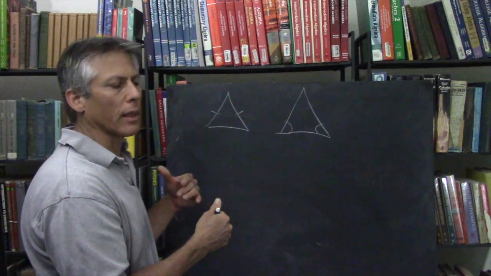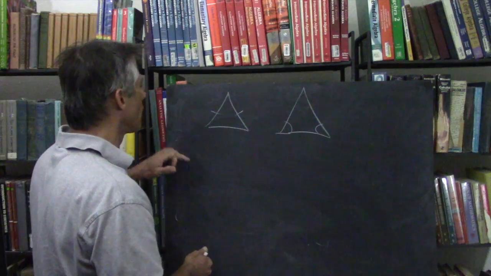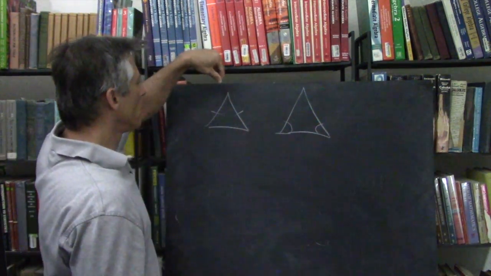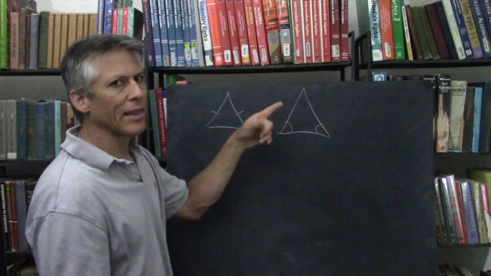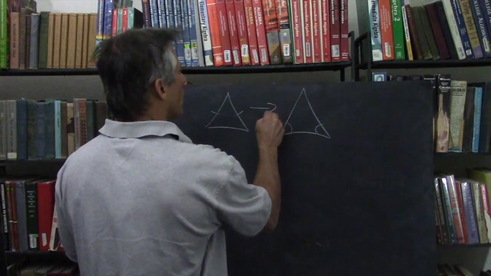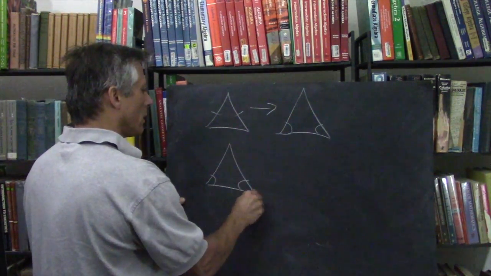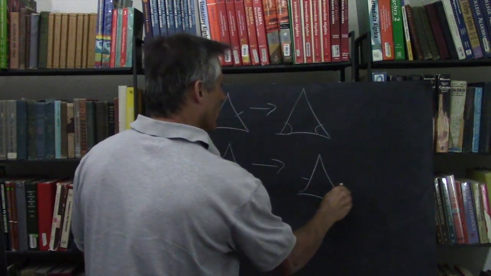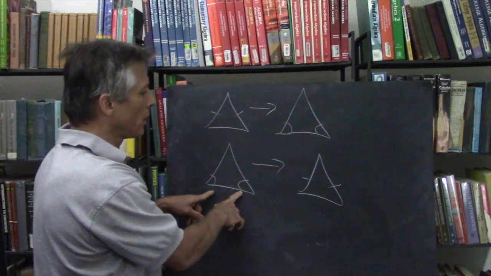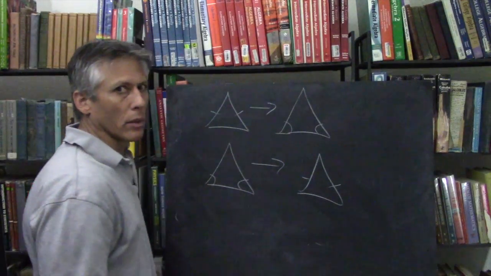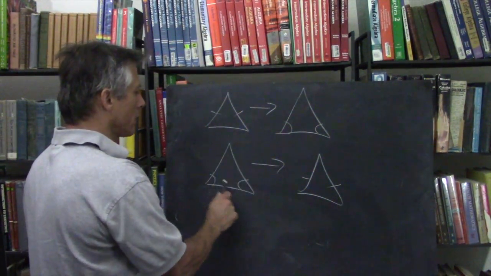So this is important in helping you think about what context you can use it in. In one triangle, if two sides are the same, then two angles in that same triangle are the same. Or the converse we just did: if in one triangle two angles are the same, then the sides opposite those angles are the same. This is opposite that, and this is opposite that.